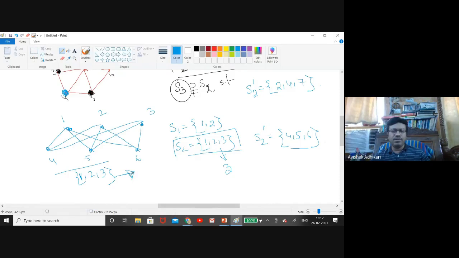I want a simple graph whose degree sequence is like this. Can anybody tell me whether you can find such a graph? I have three vertices such that the degree of one vertex will be 1, the degree of another vertex will be 2, and the degree of the other vertex will be 3. I need some graph which is simple in nature, but I should have this property.